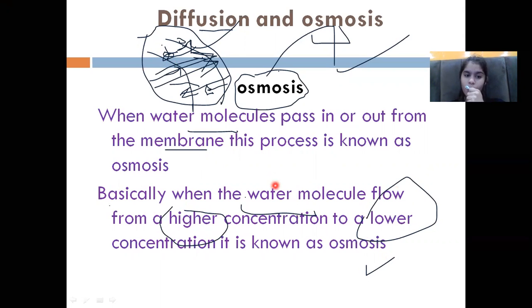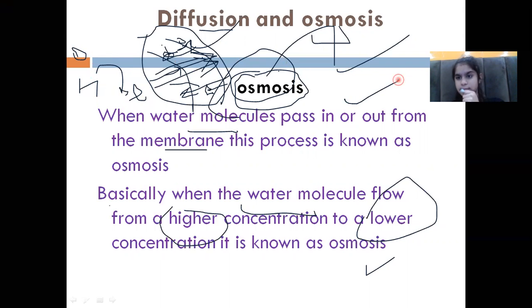When a water molecule flows from a higher concentration to a lower concentration, I will call that process osmosis. Osmosis is a process in which the water molecule passes or flows from a higher concentration to a lower concentration. Okay everyone, this is known as osmosis.